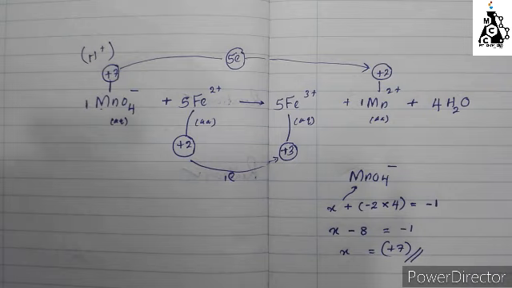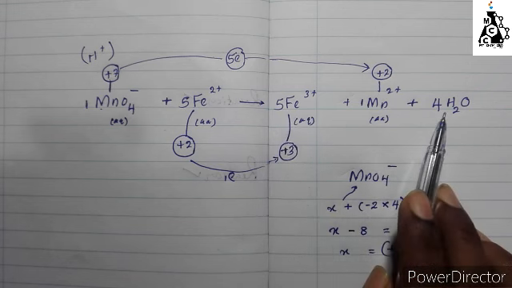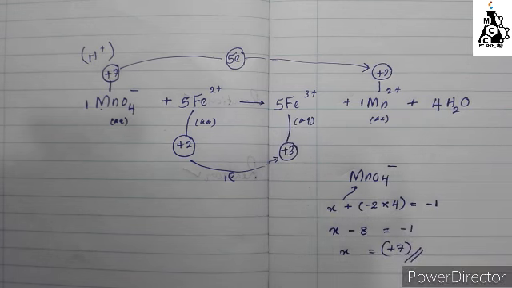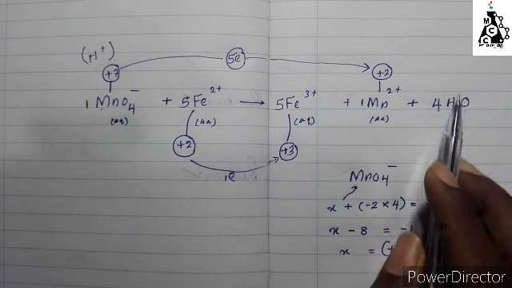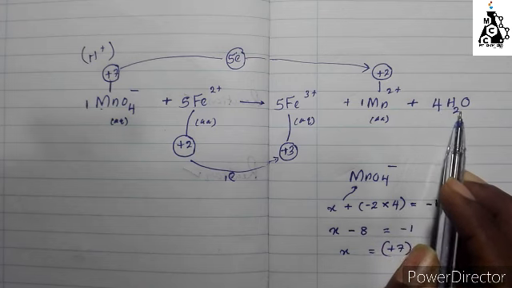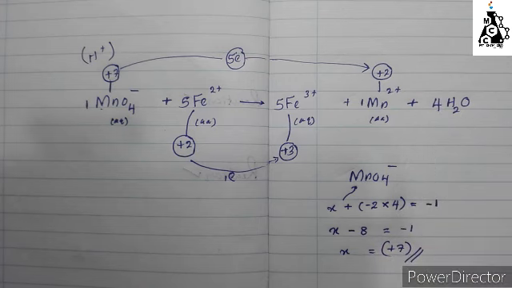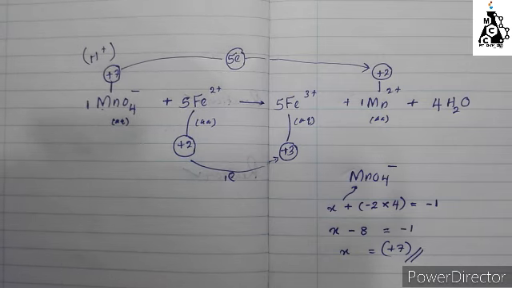Final step is to balance H plus ions. Now on the right hand side, they have 8 H atoms. They have 2 H atoms in an H2O molecule. You have to multiply it by 4. 4 times 2 is 8. Now they have no H atoms on the left hand side.